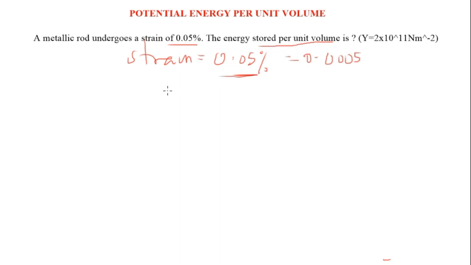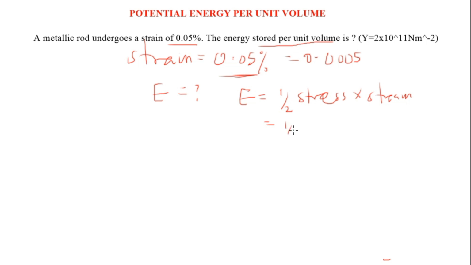The energy stored per unit volume is what? Note that the energy stored per unit volume is half of the stress multiplied by the strain. I gave this relationship in my video on energy density of an elastic spring.